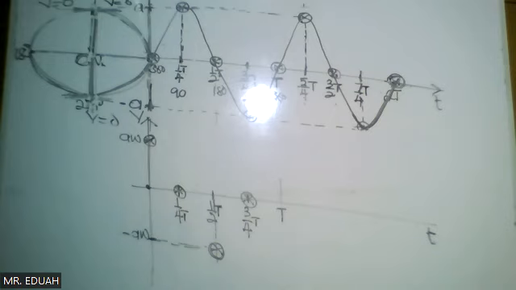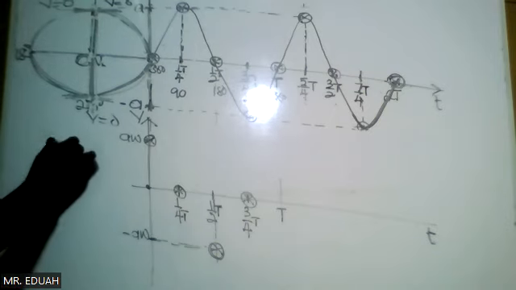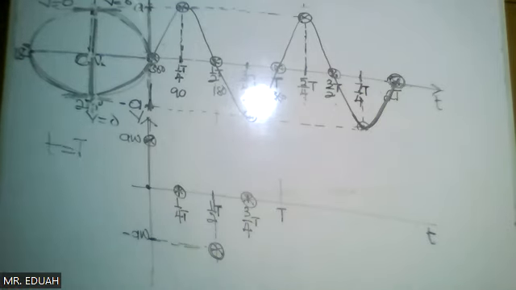What's the velocity when t is equal to capital T, the period? If you've forgotten, calculate it. A omega.